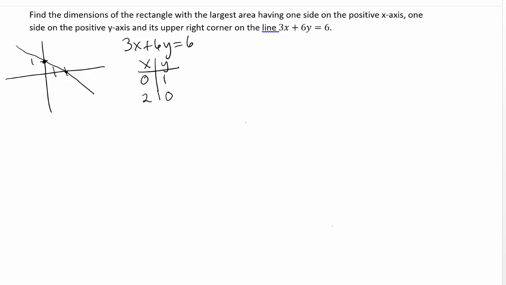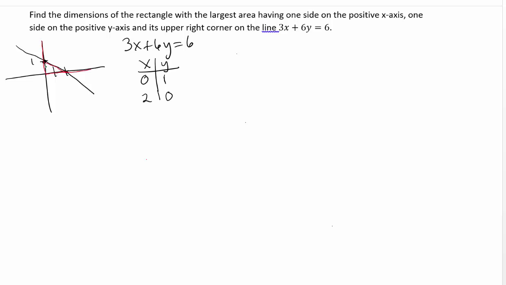So now what we have here is a rectangle inside of this first quadrant little triangle that we see. So we've got this positive x-axis, positive y-axis, and this line. So there's that little red triangle there.